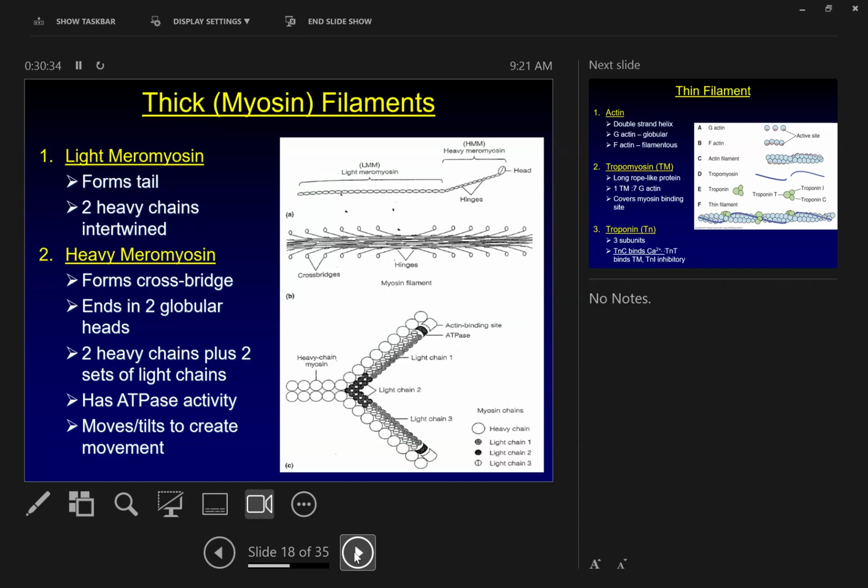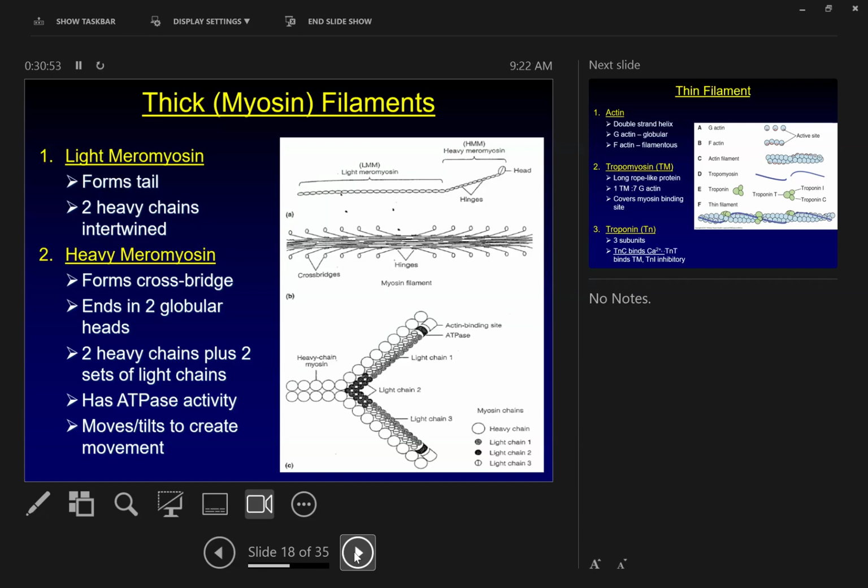Is it a slow twitch fiber? Okay. We will talk about looking at myosin MHC. The MHC stands for myosin heavy chain. So different fiber types have slightly different variations of these open circle molecules around the outside of the head.